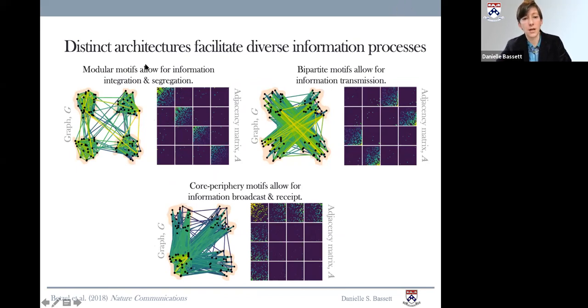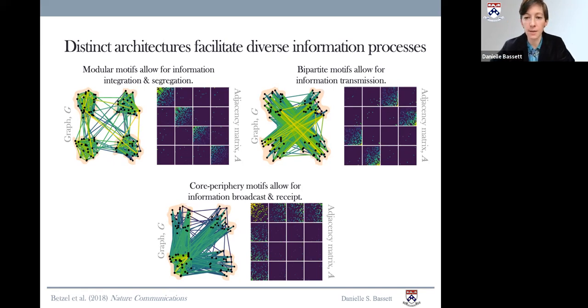On the left-hand side, you're seeing that modularity picture again, where you can see modular organization along with these blocks along the diagonal here. And then you can see some sparse connectivity between the modules. That structure allows for information integration inside of the modules, or between modules, and then segregation within a module.